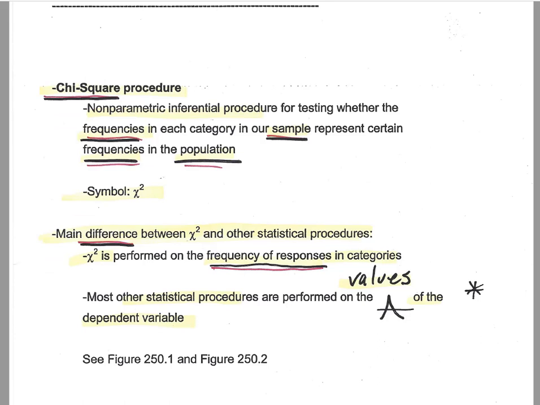The main difference is that chi-square is performed on frequency of responses in categories, whereas most of the other statistical procedures we've studied this semester were instead performed on values of the dependent variable. With ANOVA, the dependent variable was some kind of quantitative variable, and we analyzed values on that quantitative variable. Not so with chi-square. With chi-square, what we're going to analyze instead is frequency of responses in categories.